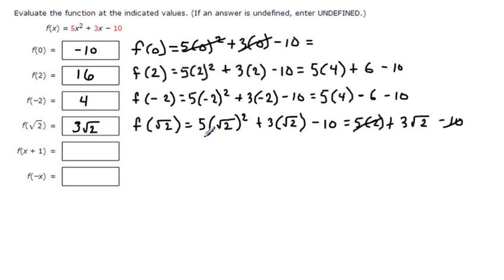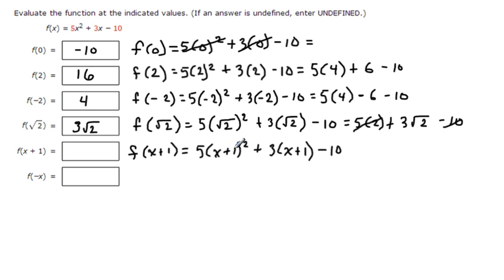Next up, we have f of x plus 1. So let's write f of x plus 1 squared. Whoops, f of x plus 1. Got a little bit ahead of myself there. Now, we're still going to do the same thing. So 5 times x plus 1 squared plus 3 times x plus 1 and then minus 10.